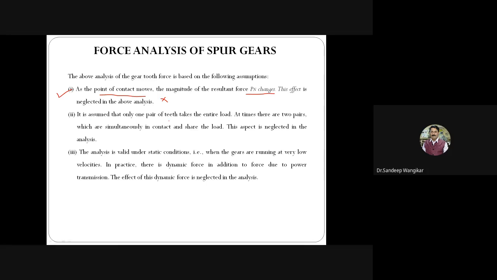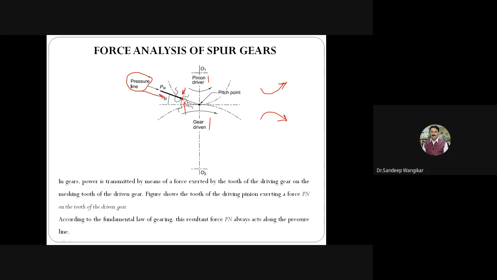Then it is assumed that only one pair of teeth takes the entire load. See here, whatever analysis we are making, we are taking into account only one pair. Is it possible in the gear? No. If you refer to the gear, the pinion contact starts here. Again, here may be another pair, and here may be the pair where the point of contact is about to end. So point of contact begins, point of contact is in progress, and point of contact is about to end.